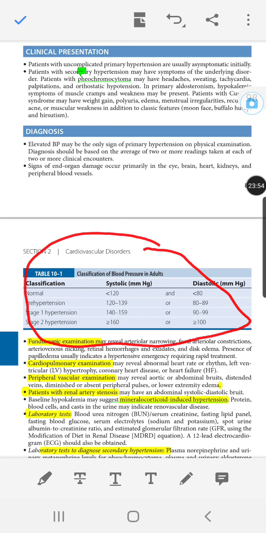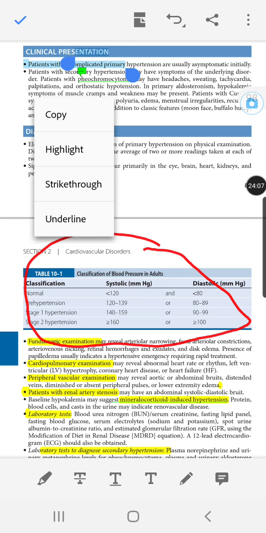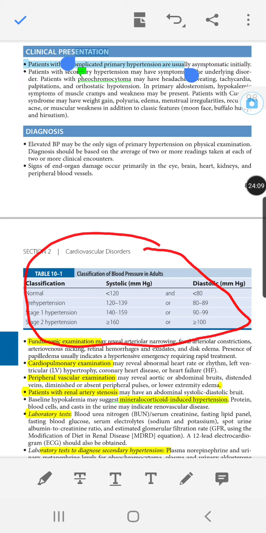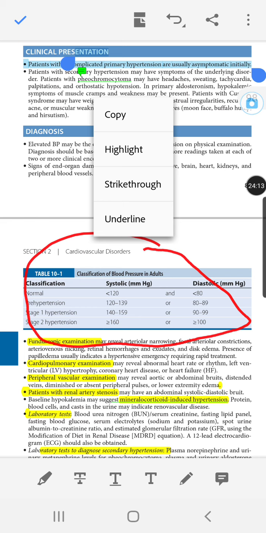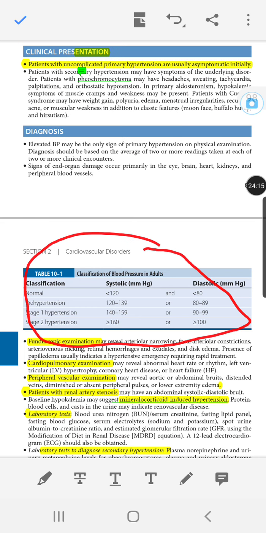How do we present primary and secondary hypertension? Patients with uncomplicated primary hypertension are usually asymptomatic initially. So if you have a primary hypertension and it's not a complicated one, then your heart conditions are normal, so maybe you don't feel any kind of symptoms.